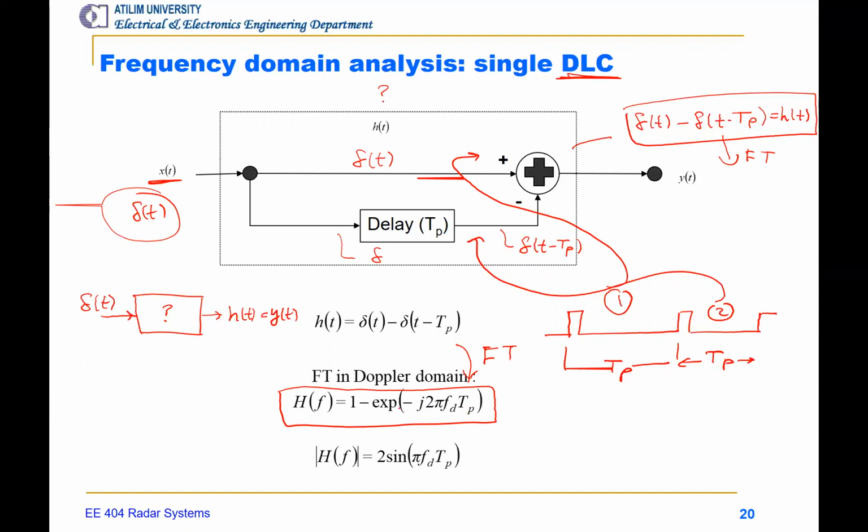We can multiply this by exponential terms and put that in this form. The magnitude of the transfer function again becomes 2 times sine pi f tp, just like the previous slide where we used the time domain derivation.